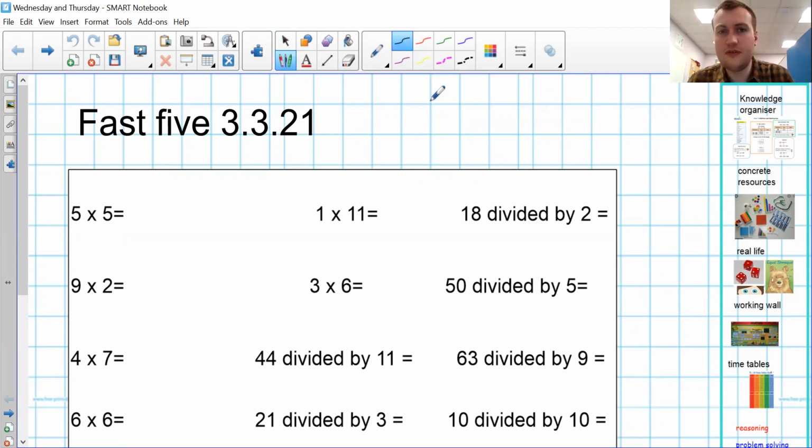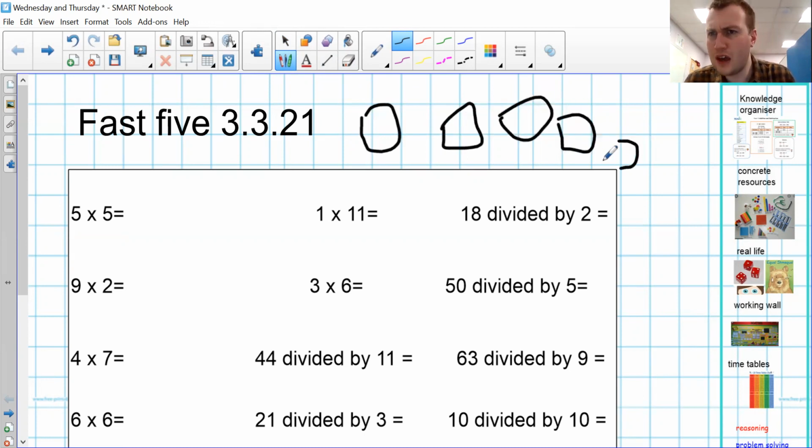So 5 times 5, you should have done 1, 2, 3, 4, 5 groups and put 5 dots in all of them. And then count them all up and you get the answer 25.